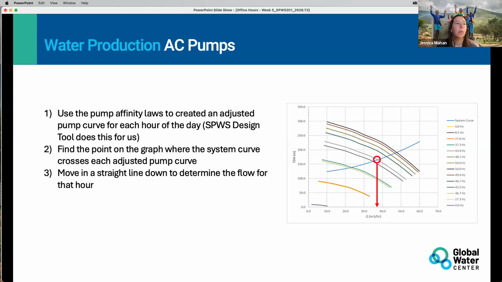But we don't always get to operate at 50 hertz in a solar project. So with AC power, we always get that full 50 hertz. But with a solar project, as the sun rises and sets, the frequency that our pump is running at is changing with the different amounts of voltage and current that we have.